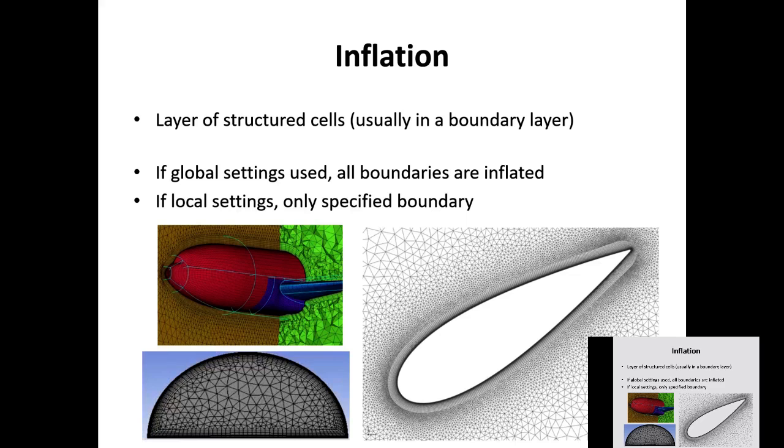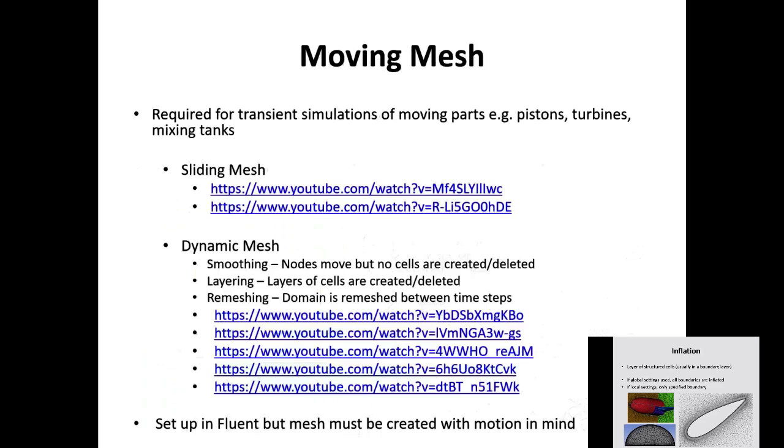You must have seen this. Some of you, when you tried to mesh your pipe, might have seen inflation layers everywhere when you picked up the wrong boundary. Okay, so you had to pick up only the wall for the wall boundary layer in your exercise example.